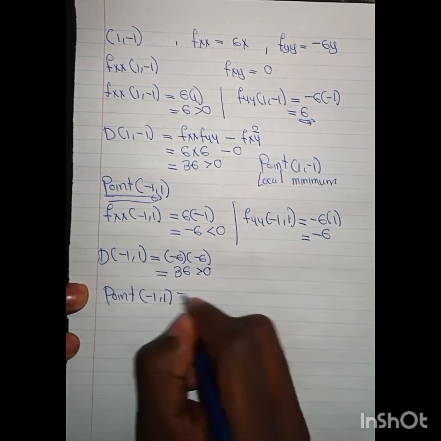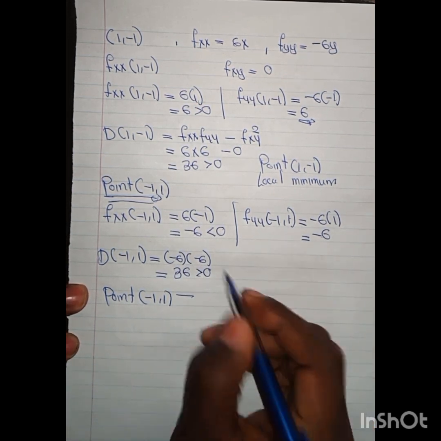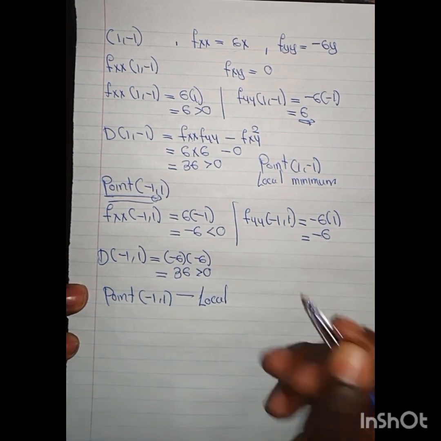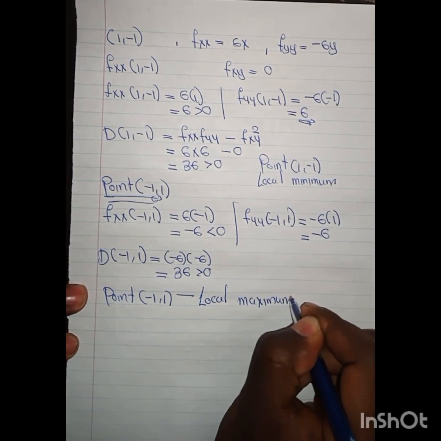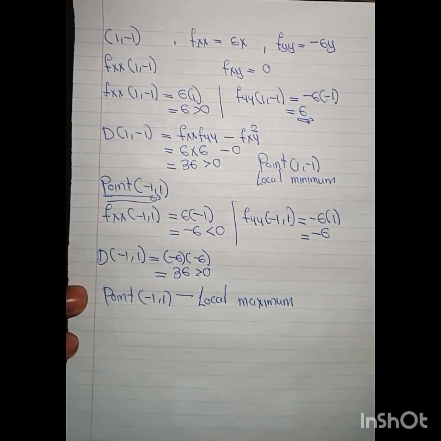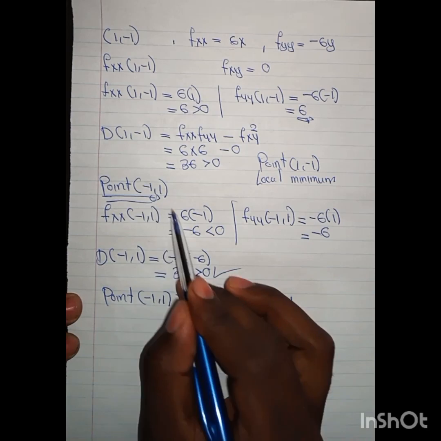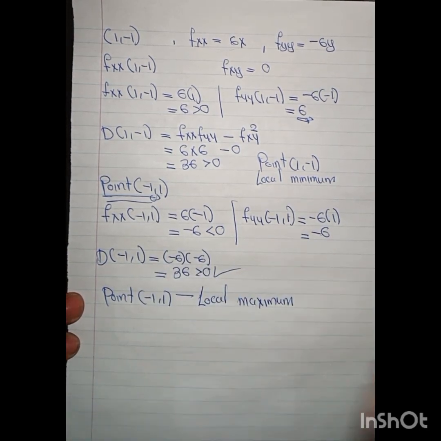It means this point is a local maximum. It's a local maximum because f sub xx is negative 6, and negative 6 is less than 0, while d is greater than 0. So if fxx were greater than 0 and d is also greater than 0, it would be a minimum.